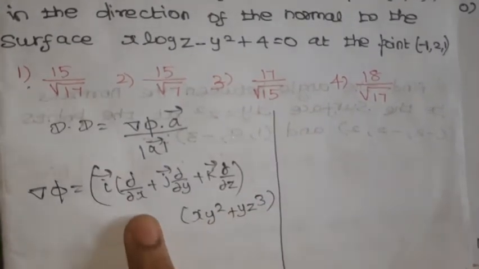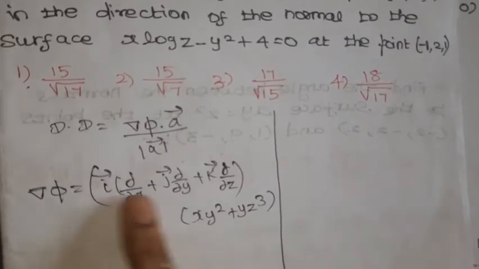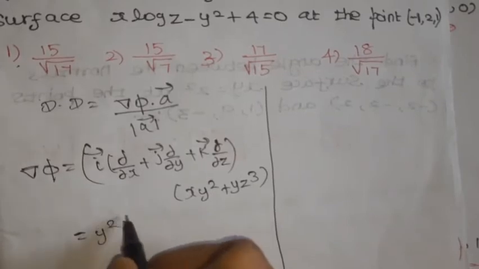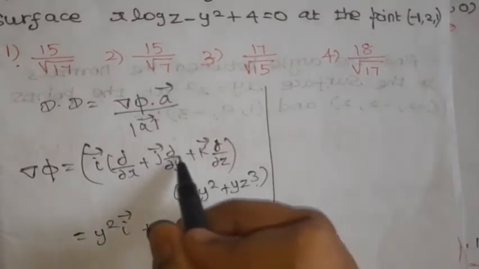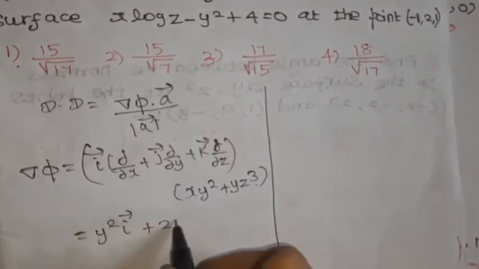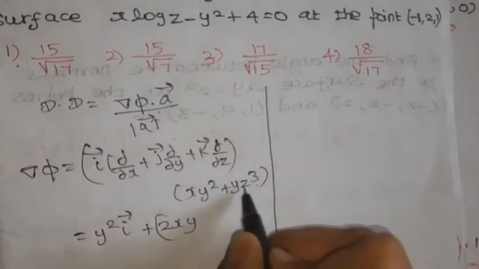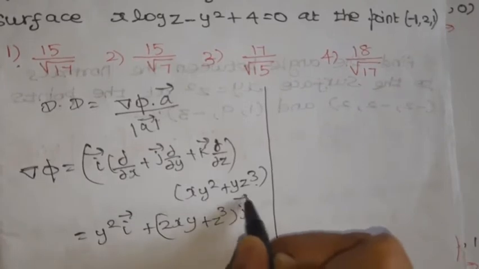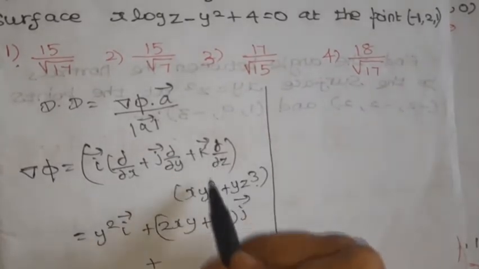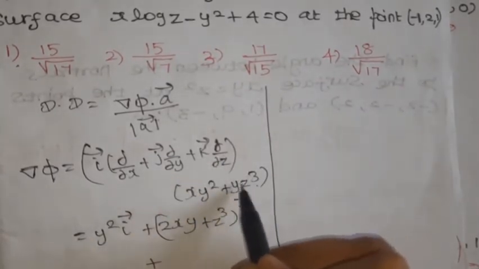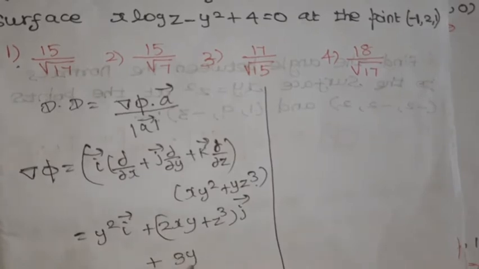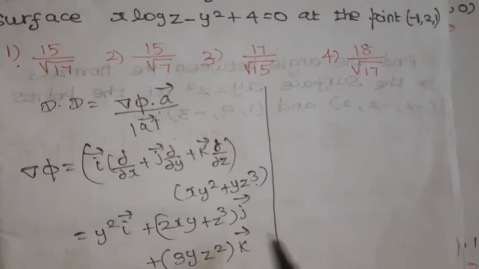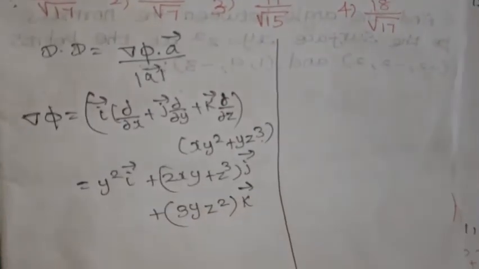So this is I into dou by dou x of this, what we will get? y squared I, plus with respect to y, 2xy plus z cube into j vector, plus dou by dou z, 3y z squared into k vector. So this is del phi.